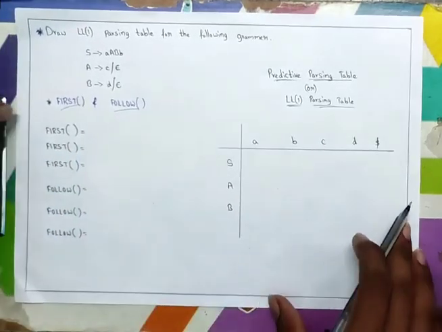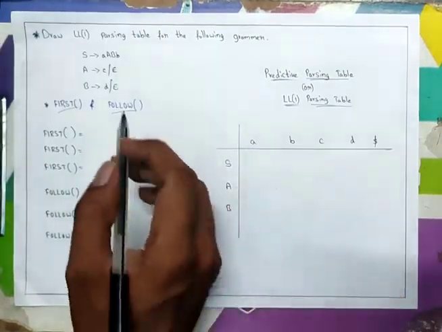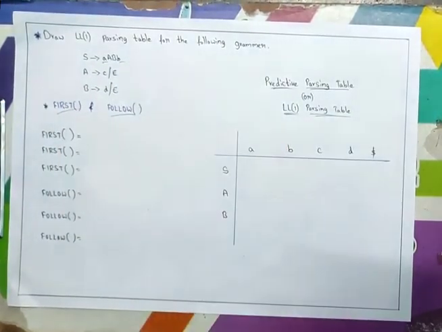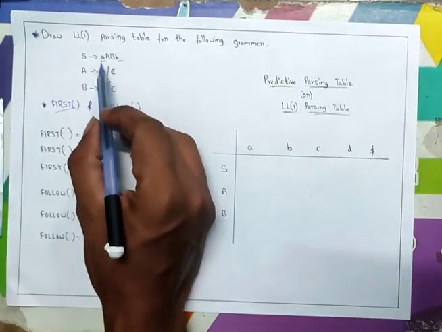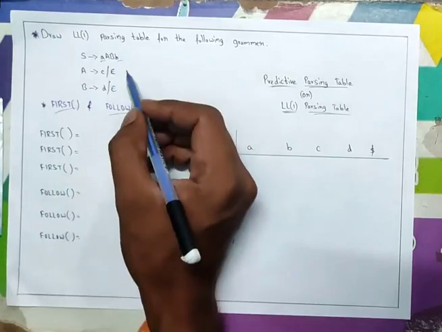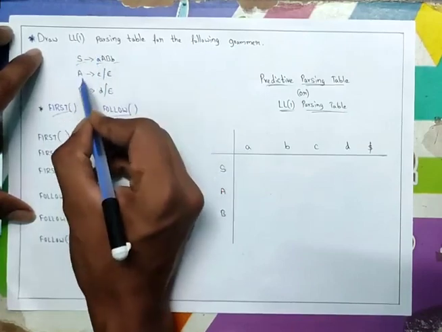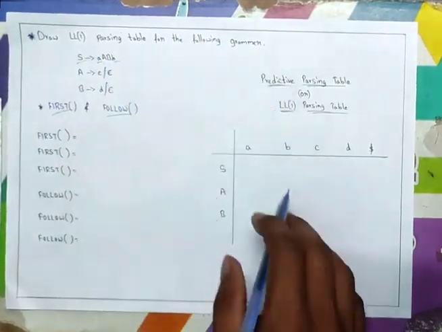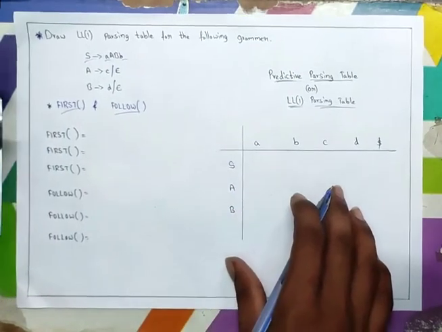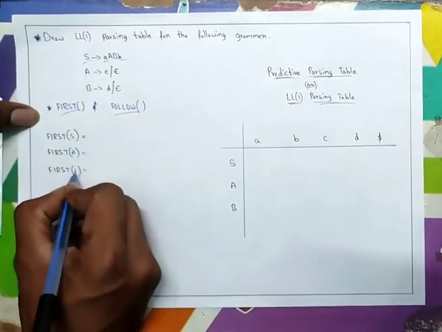In the given grammar, it can be noticed that there are terminals, small a, small b, small c, small d, and the symbol epsilon, and there are also non-terminals, or variables, such as capital S, capital A, capital B. While performing the first and follow functions, we mainly take the non-terminals, such as first of S, first of capital A, first of capital B.